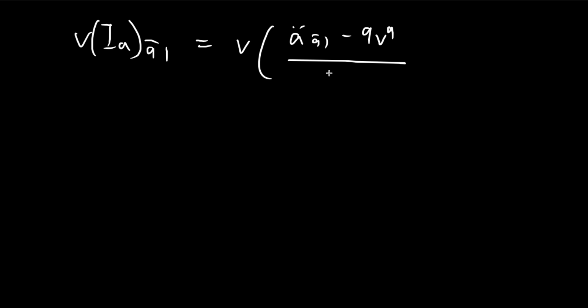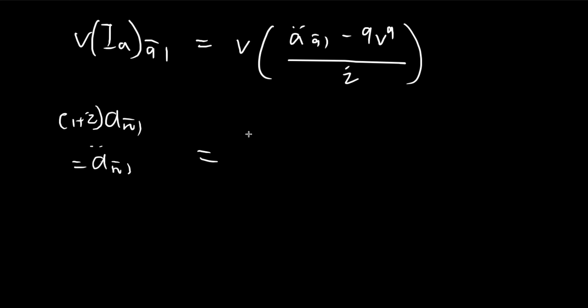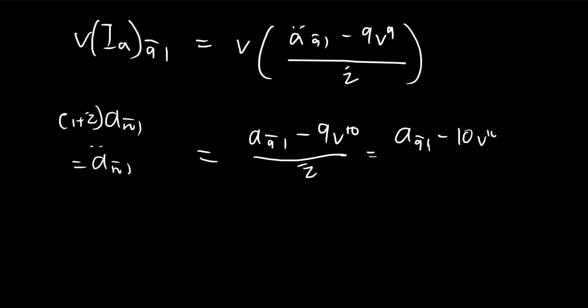Let's just write out the formula. So v times an annuity due. Recall that 1 plus i times an annuity immediate gives you an annuity due. So multiplying it by v, I get back the annuity immediate, then minus v to the power of 10 times i. And then I'm going to minus a v to the power of 10, so this becomes 10, and then plus a v to the power of 10.